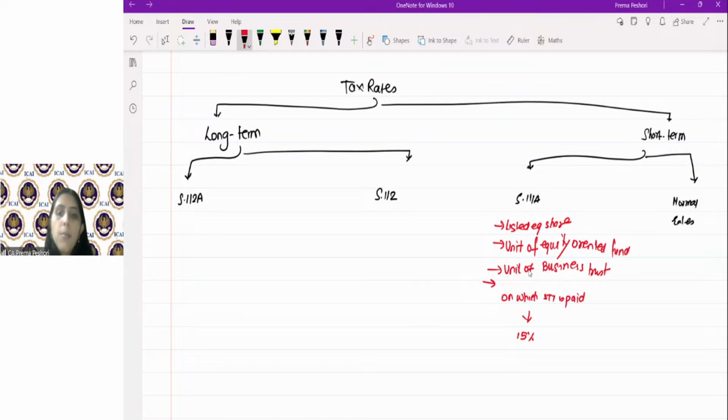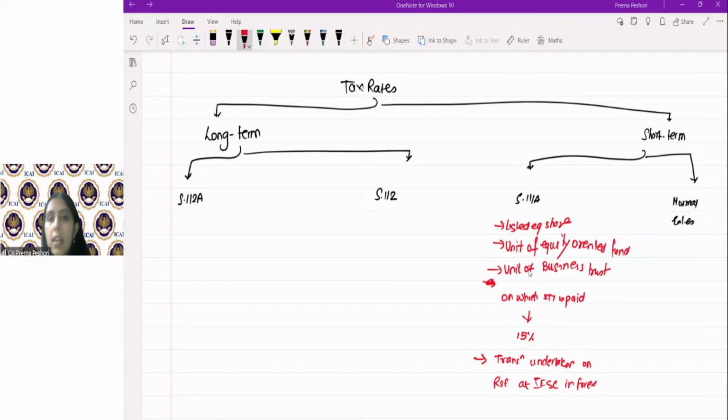You can write one more: on which STT may not be paid, but still it is included under 15%, which is on the transactions undertaken on the recognized stock exchange at IFSC in Forex. Even that is covered under 111A.